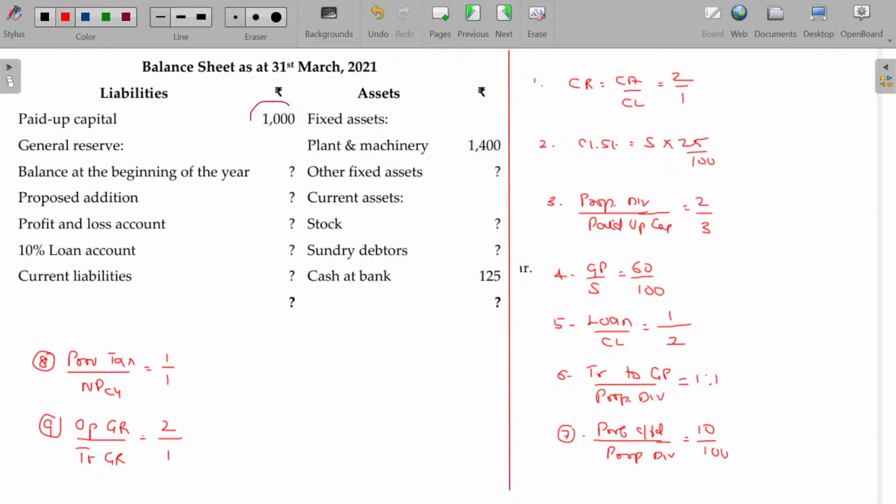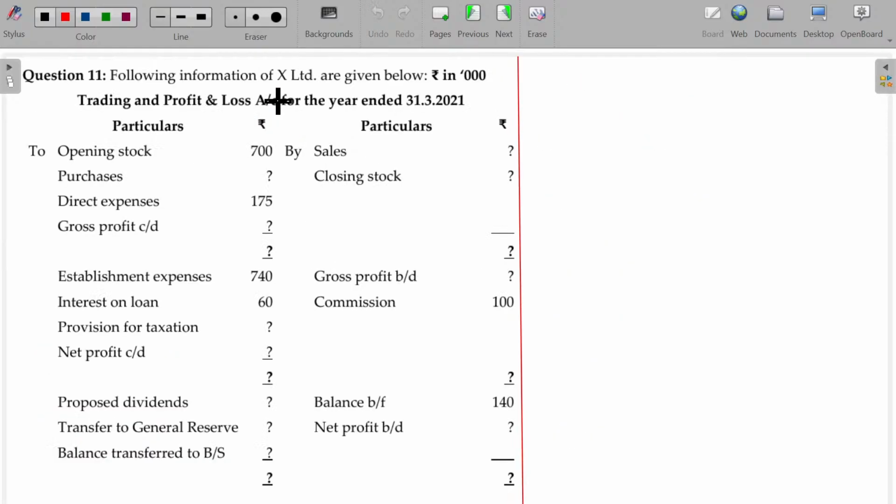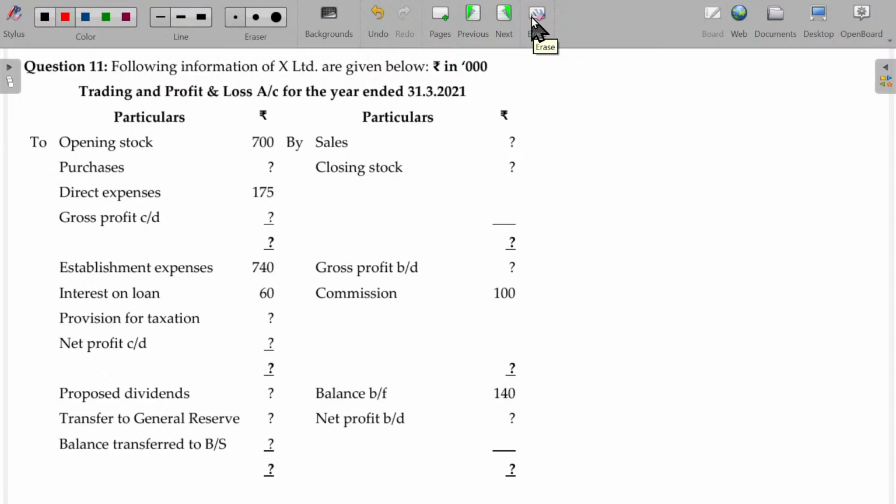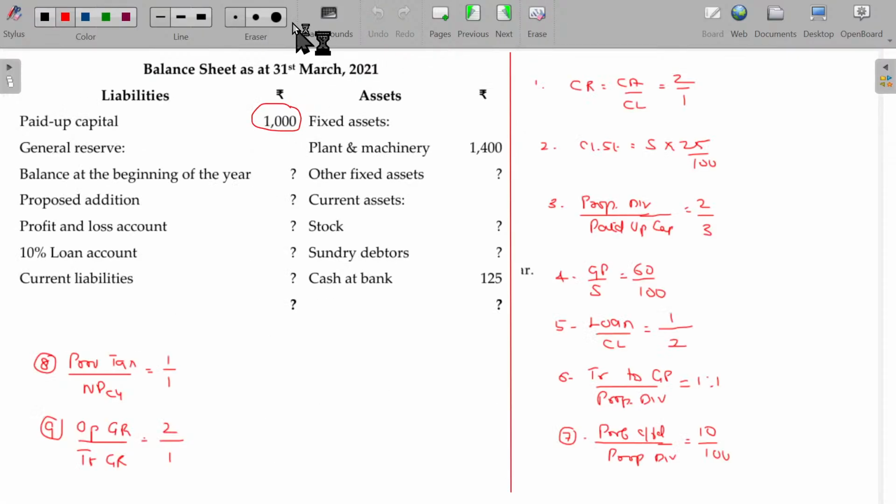Paid up capital is here, 1000. Here we have been given opening stock, purchase, direct expenses, and commission. Balance brought forward from the previous year. Some information is given. Let's start with the paid up capital, which is 1000 rupees, because I've seen paid up capital somewhere here. The third one, paid up capital being 1000.